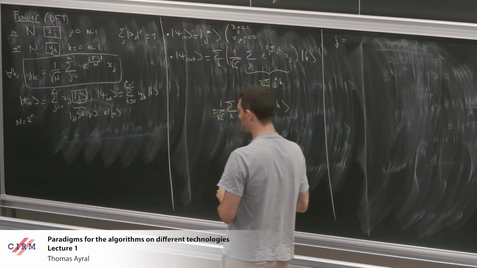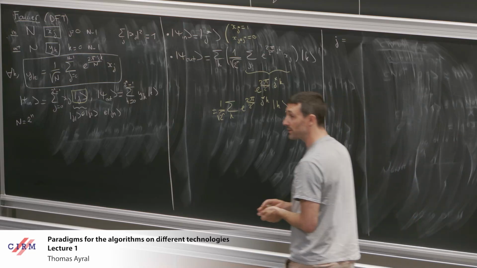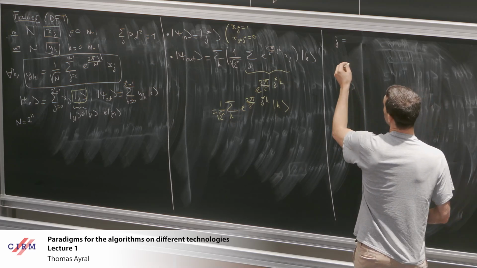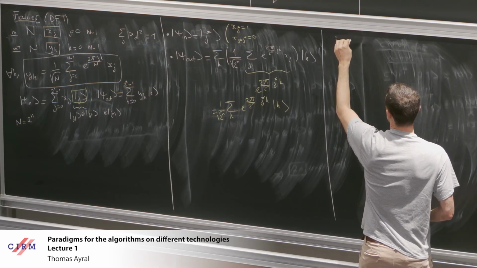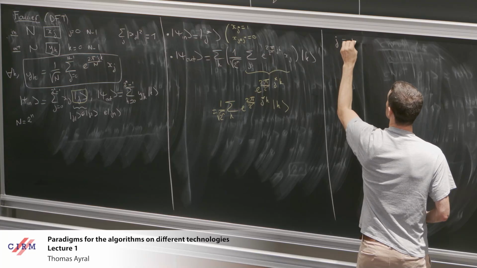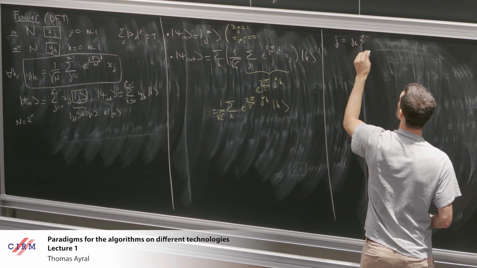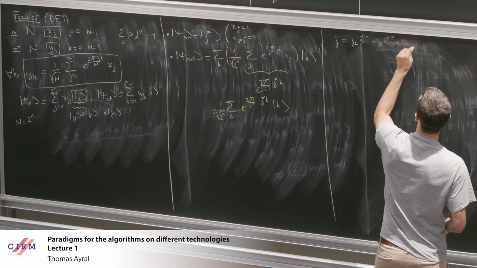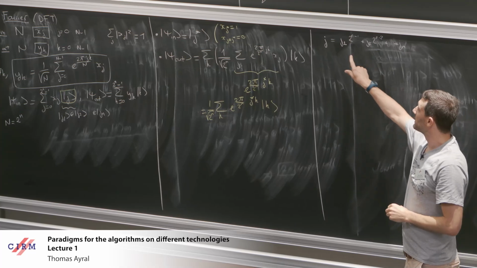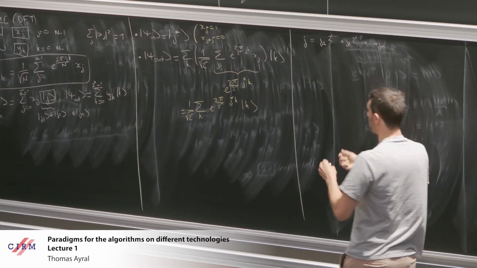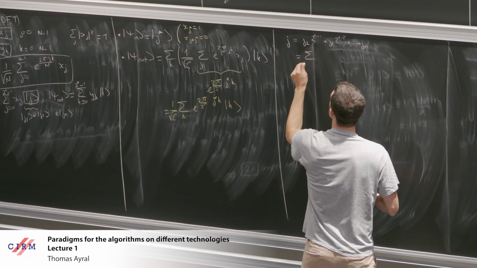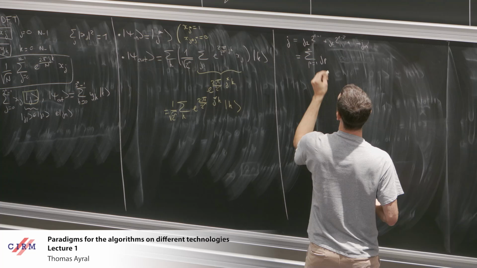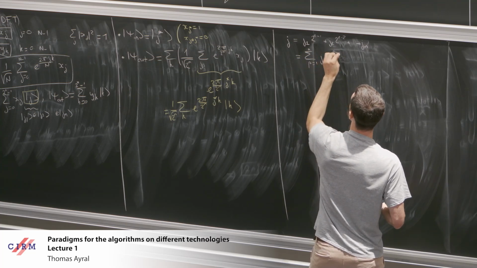And the trick I'm going to play, which is a bit subtle, is that I'm going to use a different binary decomposition for j and for k, for reasons that you will see later. So j I'm going to decompose as j1 2^(n-1) plus j2 2^(n-2) plus jn. In other words, I'm going to choose the first bit to be the most significant one. So which I can also write as the sum over p, j_p, p equals 1 to n of 2^(n-p).